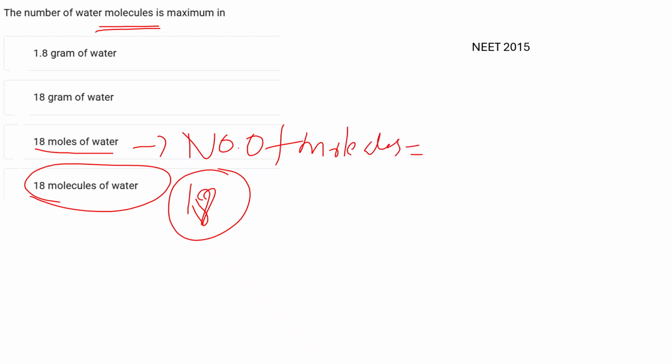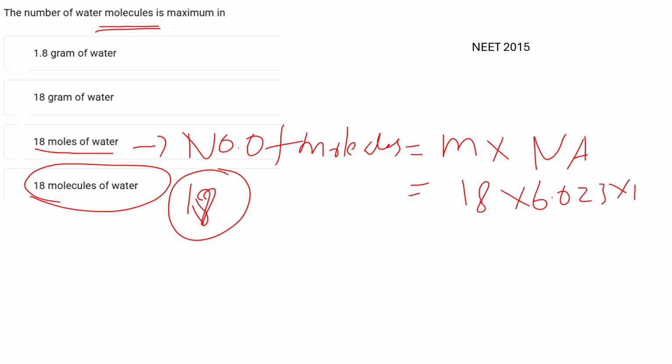Number of molecules is nothing but number of moles multiplied by Avogadro's number. For 18 moles, it is 18 multiplied by 6.023 into 10 to the power 23 molecules. This is a very big value.